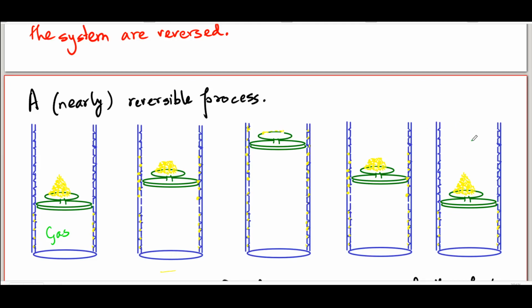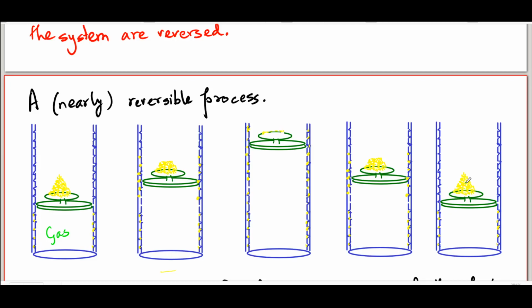And of course, now that the piston moved in, work was being done on the gas, or rather the gas was doing negative work on its surroundings. Once again, the internal energy did not change in the process, the temperature of the gas being constant, and what that meant was this work had to be dissipated away as heat. But the amount of work which the gas did when it expanded from here to here is exactly the same as the negative of the amount of work which was actually done on it when it went from here back to here.